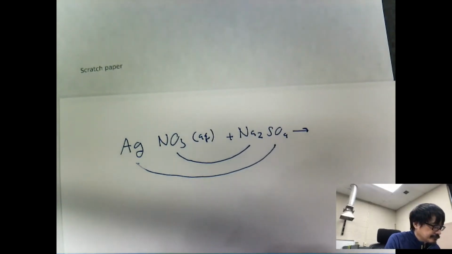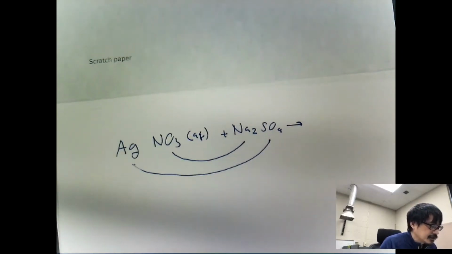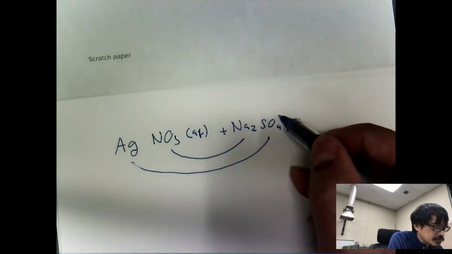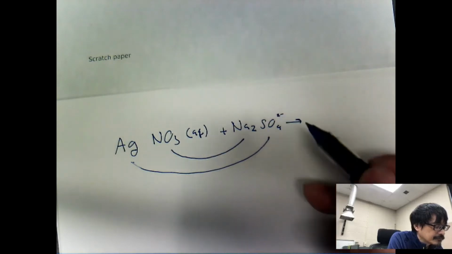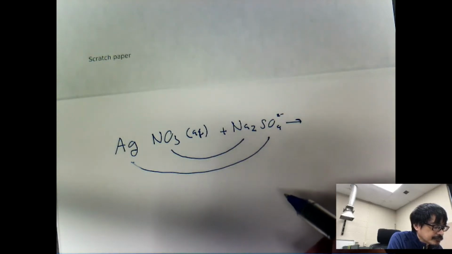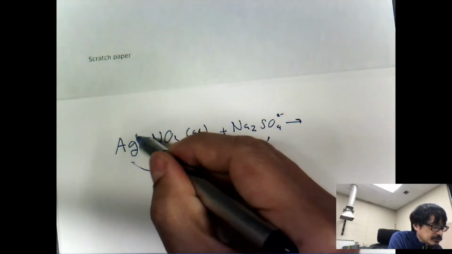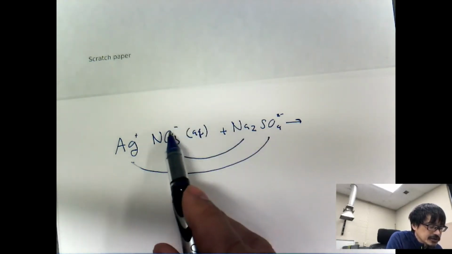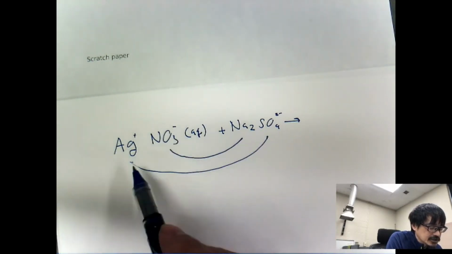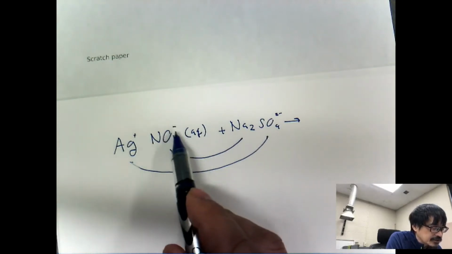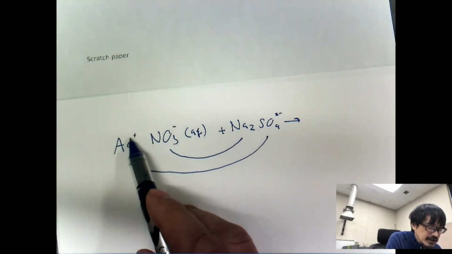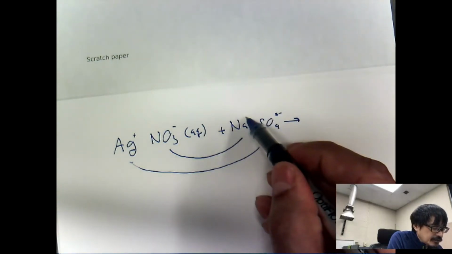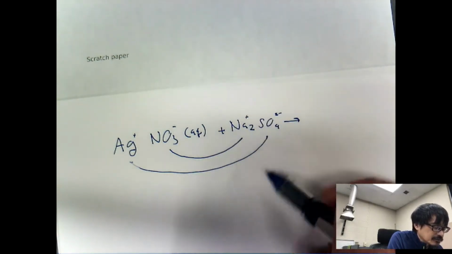Now there is a little bit more to this one, because SO4 is going to be 2 minus, right? But Ag is going to be positive, right? NO3 is going to be negative. How do I know this thing is just singly negatively charged? Because I know that Ag is positive, and Na, each one of those is going to be positive, right?